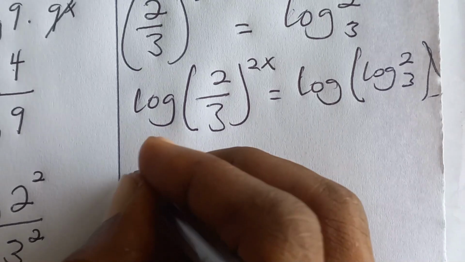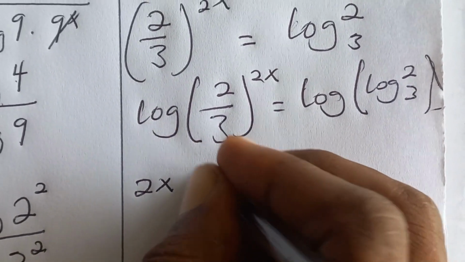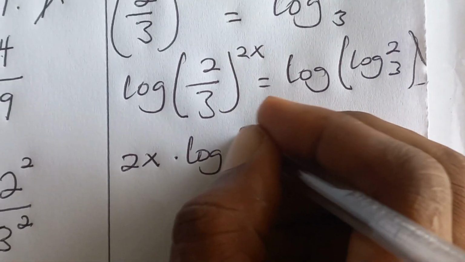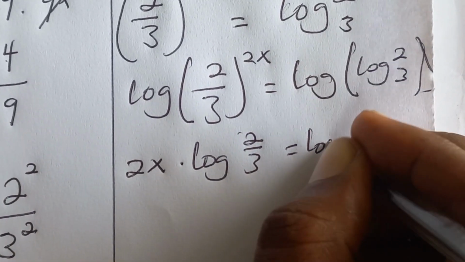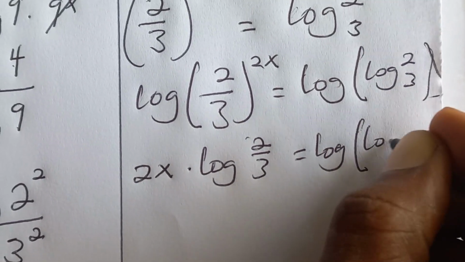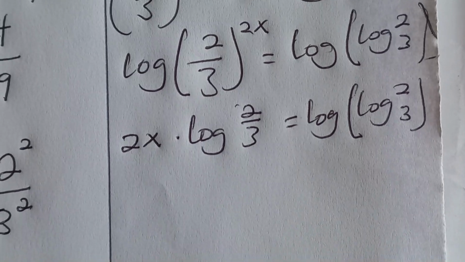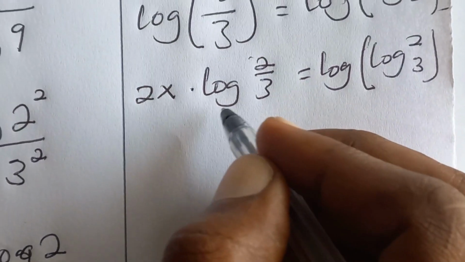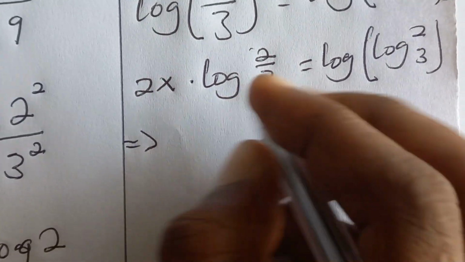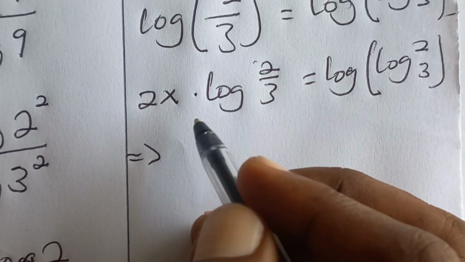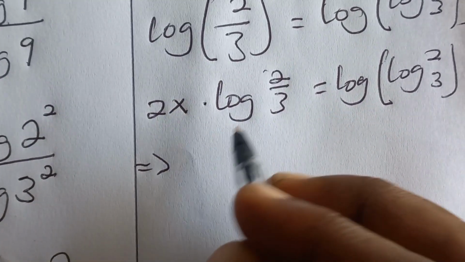So now we are going to get 2x multiplied by log 2/3, which is equal to log of log 2 base 3. Okay. Now we can divide both sides by log 2/3, or you can also divide both sides by 2 log 2/3.